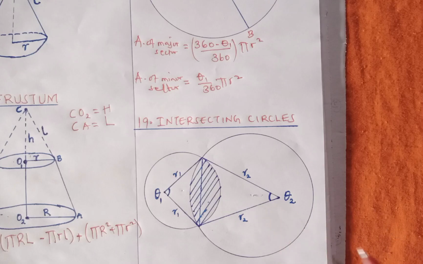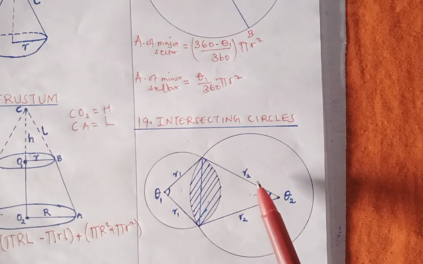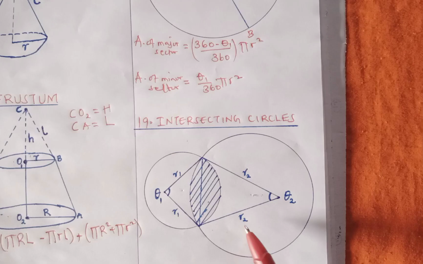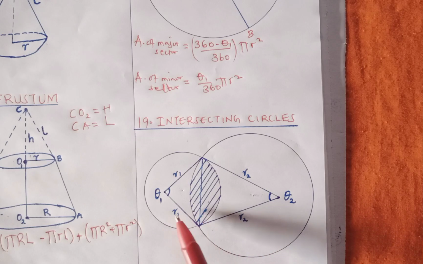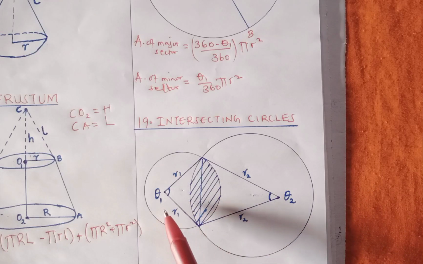For the bigger circle, we have a different radius represented by R2, and the R2 appearing up here is the same as the R2 appearing down here. We have different angles, theta 1 and theta 2. I intentionally used theta 1 and theta 2 to differentiate the angles.